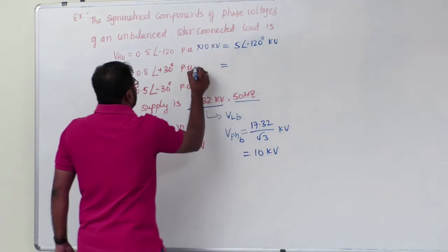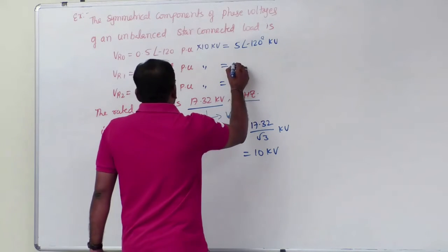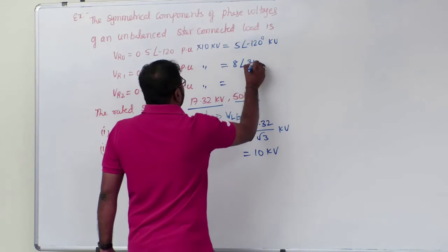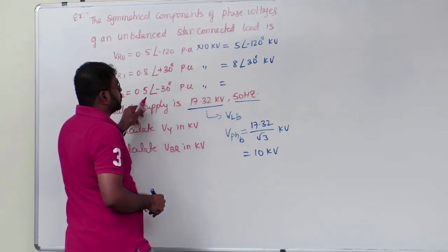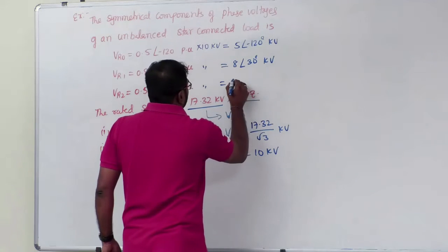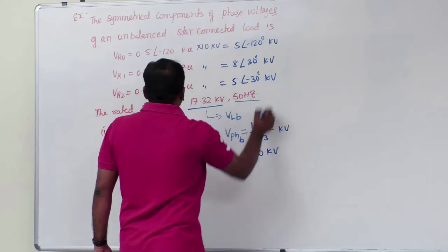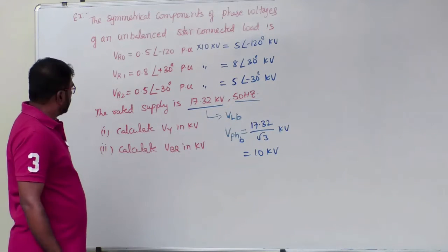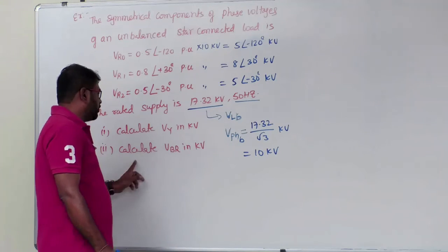Similarly, if I multiply with 10 here also, I get 8 at an angle 30 degrees kV, and 0.5 into again 10, so that is 5 at an angle minus 30 degrees kV. So we got VR0, VR1 and VR2. But what is being asked? Vy and Vbr.